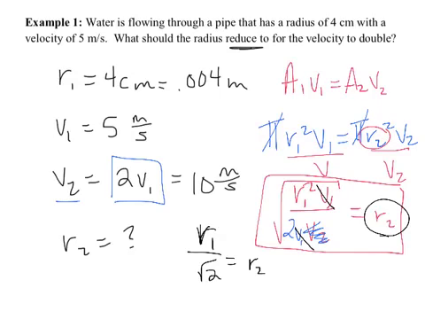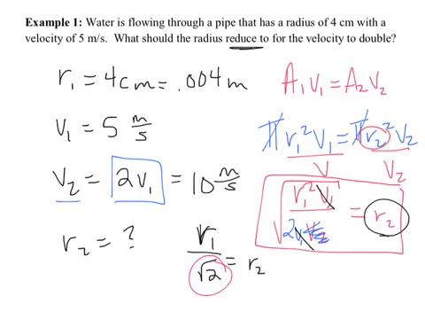Again we get r1 because it's the square root of r1 squared. The r1 squared part and the square root cancel one another. So we have r1 over radical 2. So what this means is that the second radius reduces by what factor? By a factor of radical 2, not by a factor of 2, like the area would reduce by.